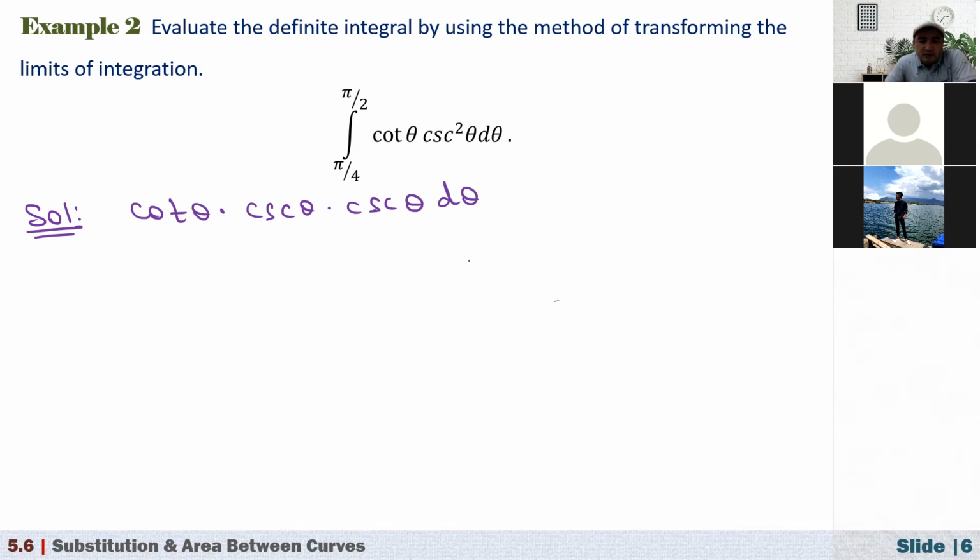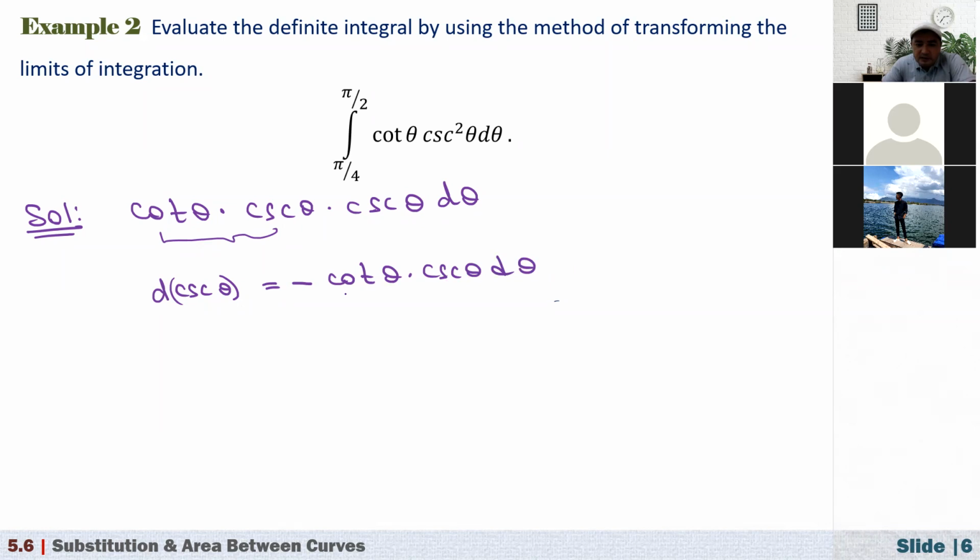Actually, what function's derivative is cosecant? We know that if you differentiate this, what is it? d cosecant of theta is equal to minus cotangent of theta times cosecant of theta d theta.